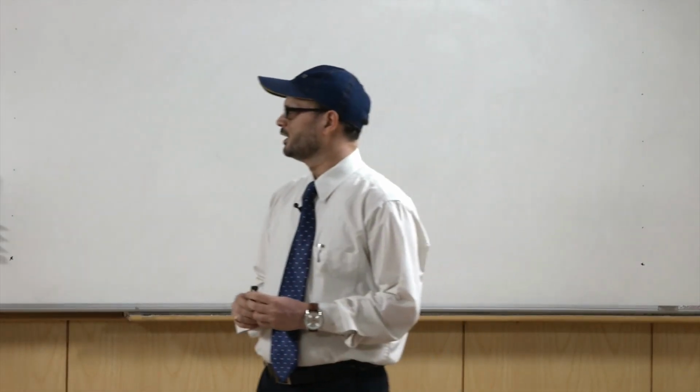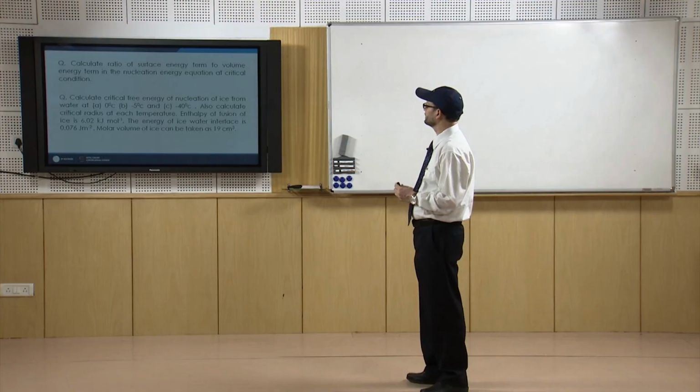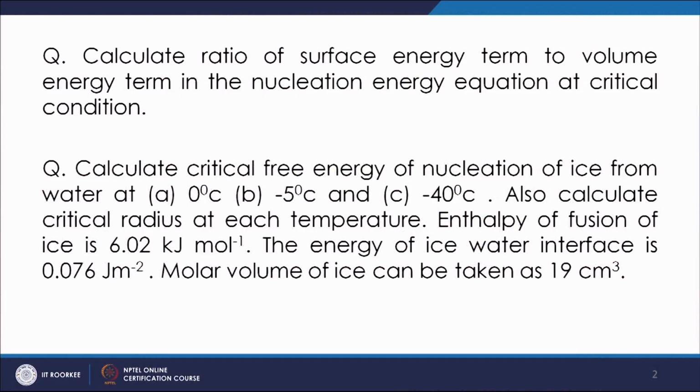The next question is regarding finding the critical free energy of nucleation of ice from water at the 3 temperatures given. The 3 temperatures are 0 degree C, minus 5 degree C and minus 40 degree C. Also, we have to calculate the critical radius at all these temperatures.